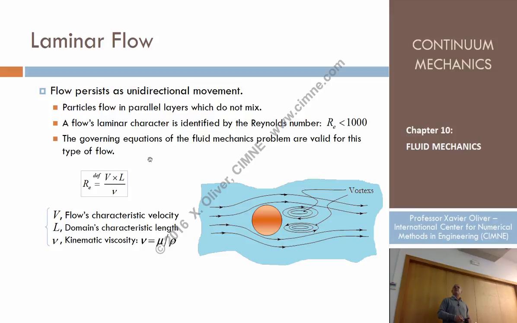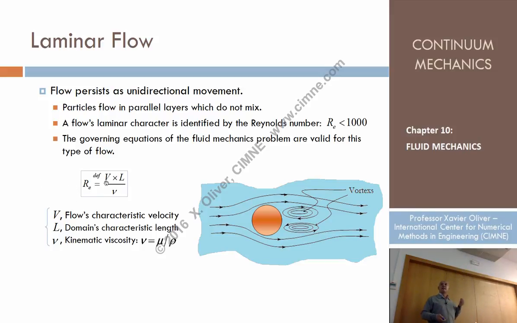How do we quantify slow motion, a laminar flow? Laminar comes from the fact that we are moving in a layered way. How do we quantify that? Well, there is a classical number that is very familiar to fluid mechanics people: the Reynolds number.